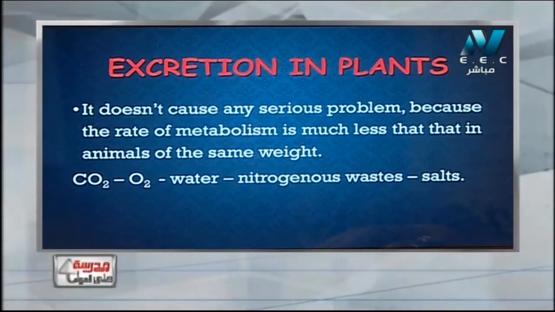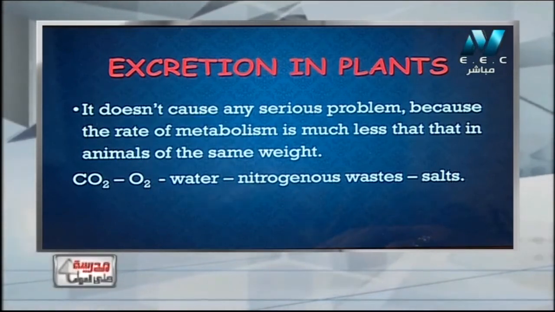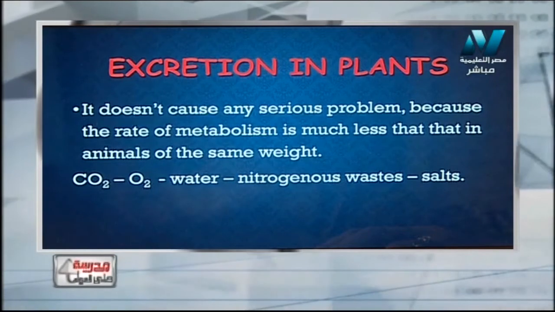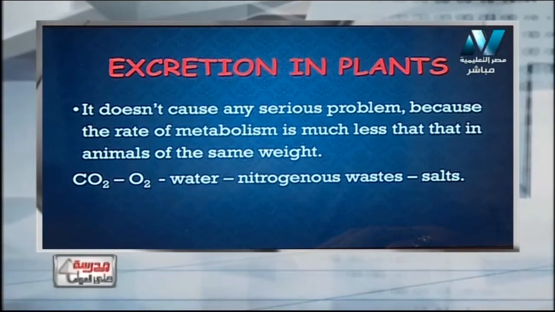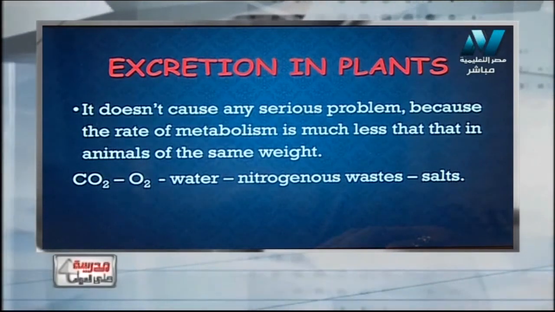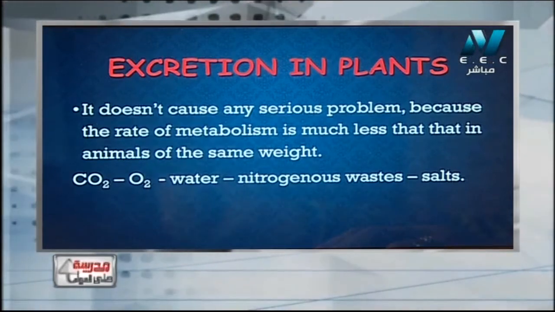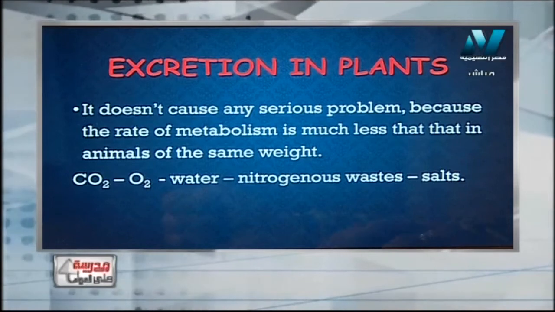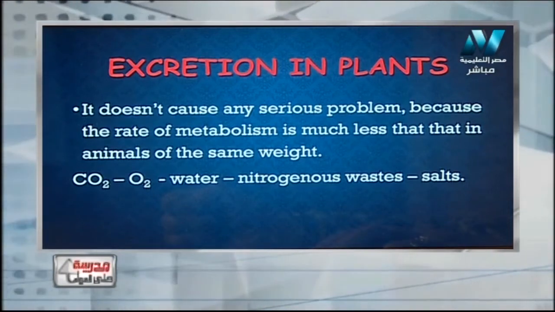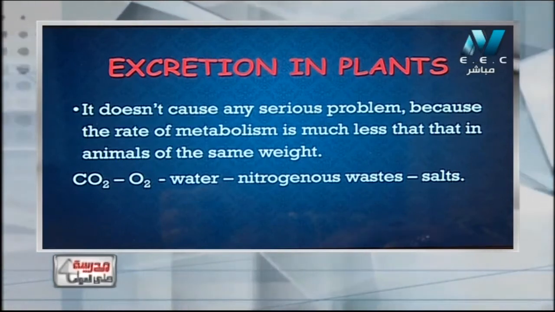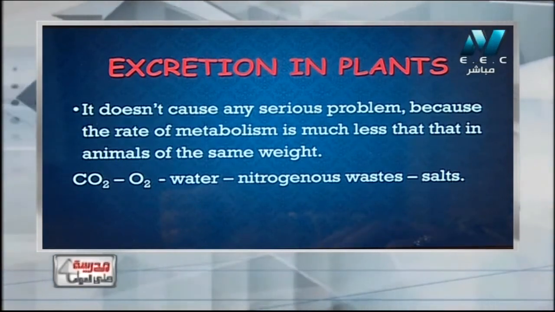So the accumulated waste materials in the plant is a very low amount compared with that of the animal of the same weight. Okay, what are these excretory materials that the plant produces? Let us remember respiration.